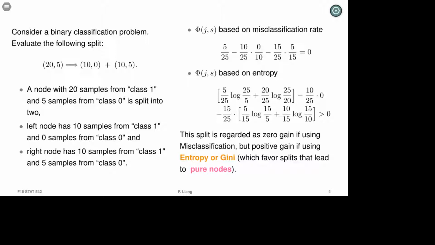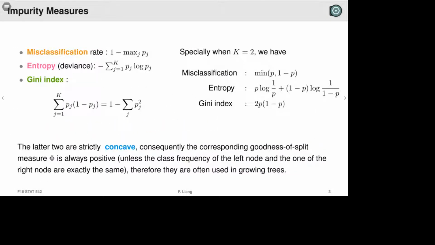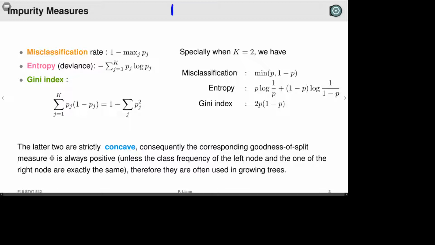What does strictly concave mean? Let's look at the binary case. In the binary case, all those impurity measures are basically a function of just p, because the other case is just 1 minus p. So let's draw this.